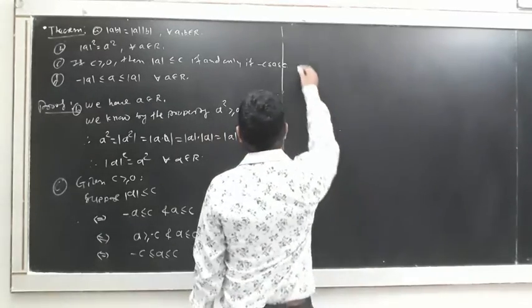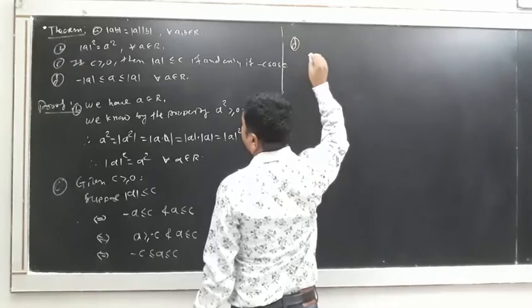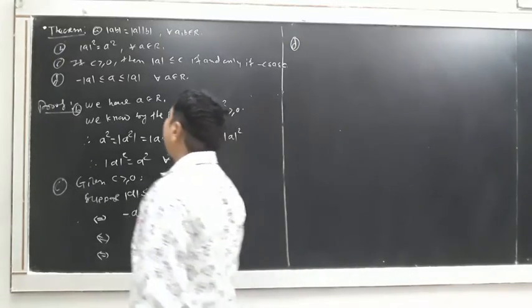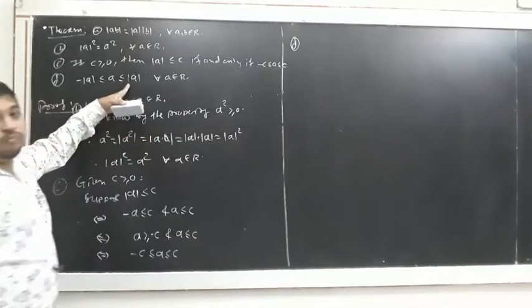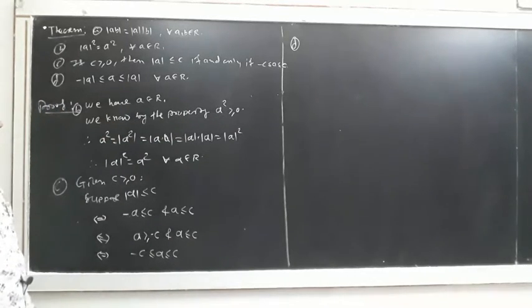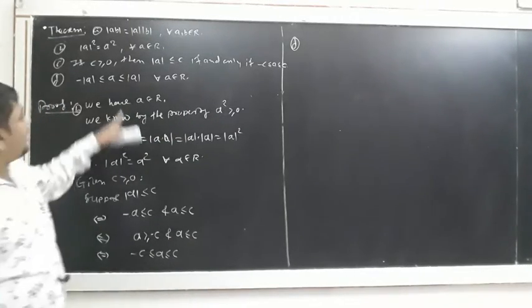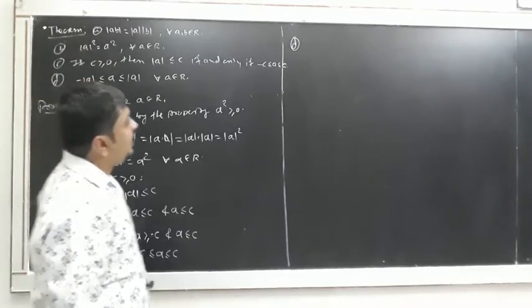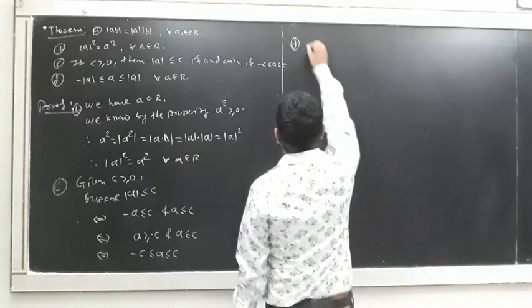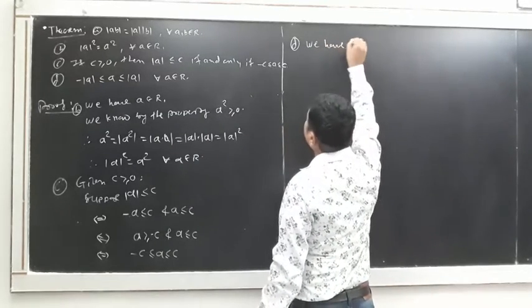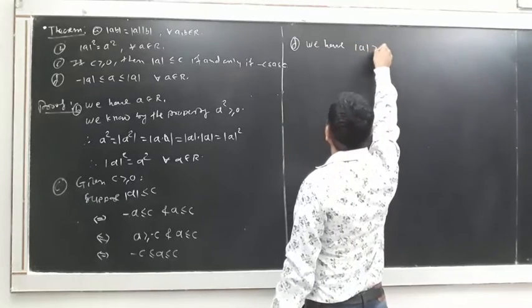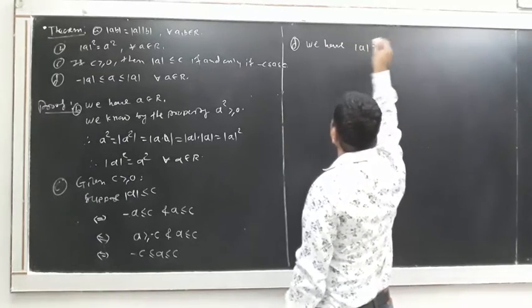So now what do we have to prove? Next, the last one, that is minus mod A is less than or equal to A is less than or equal to mod A. So how do we prove this? Just replace C is equal to mod A. We will get our answer. So what do we have? We have mod of A is greater than or equal to 0.